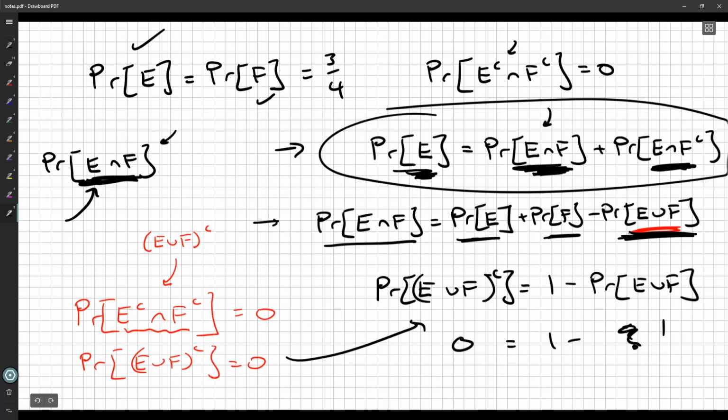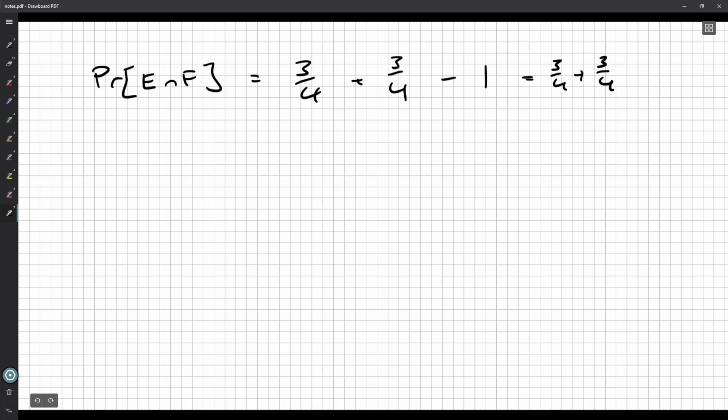Okay, so now for this formula, I know all 3 parts, and then I can work out E intersect F. Right, probability of E plus probability of F minus the probability of their union. Okay, so I could make that 3/4 plus 3/4. I could change 1 into 4/4. Total of 6/4 minus 4/4, 2/4, or just 1/2. Okay, so that gets our answer.